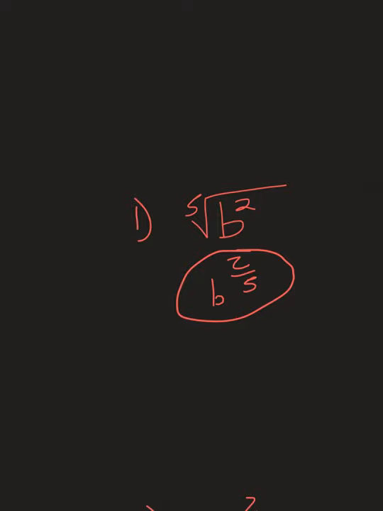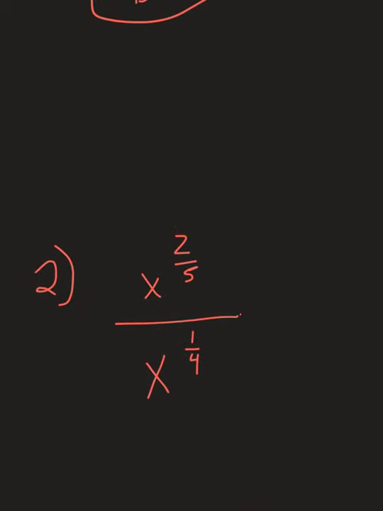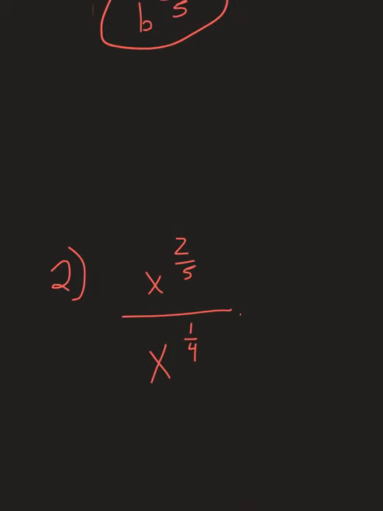Okay, here we go. Here's number 2. We need to simplify x to the 2/5 divided by x to the 1/4. So, there's one rule in particular that stands out for this problem. I'll give you a second to think about which one it is. I hope what you recognized is that this is the quotient rule, okay?